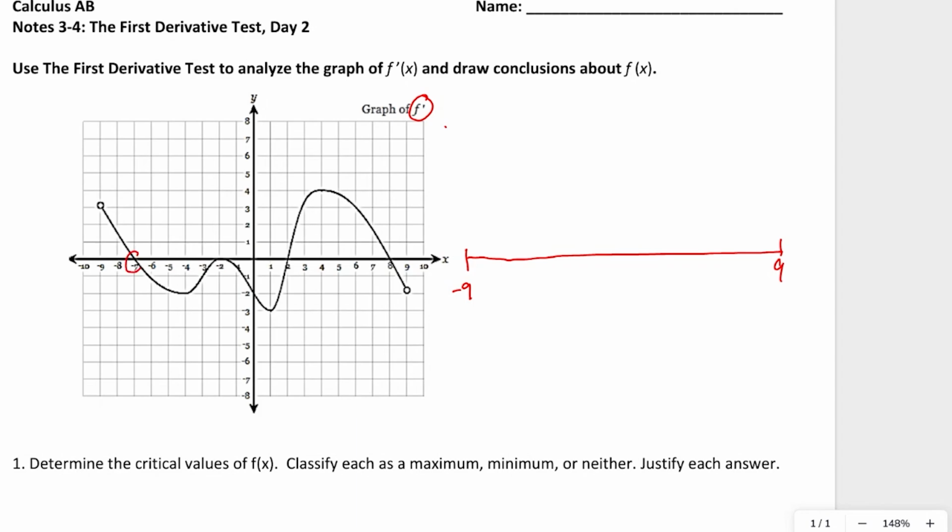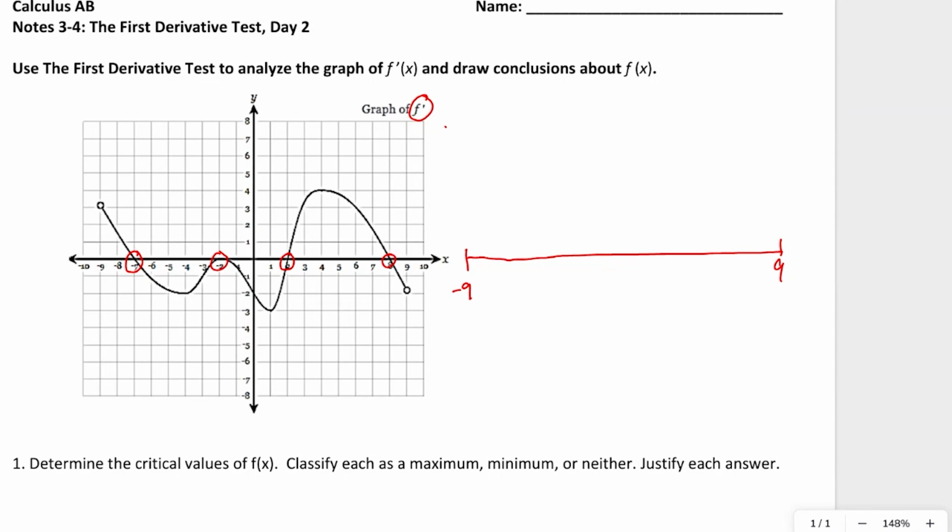We've got one at -7, -2, 2, and 8. These are all x-intercepts. These are locations where the slope is 0. That means that on the original graph, you have a horizontal tangent line.